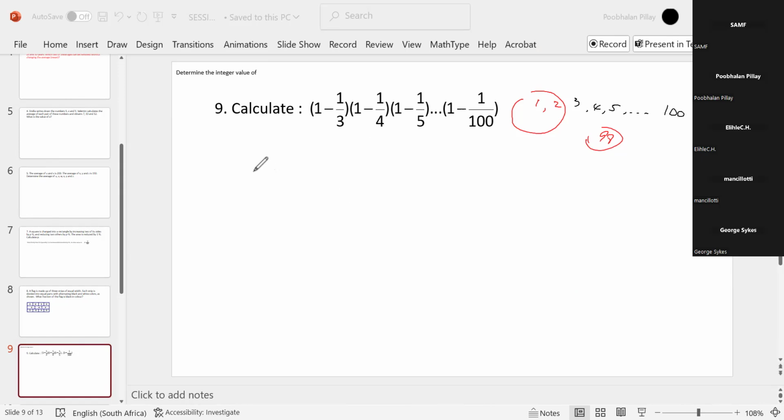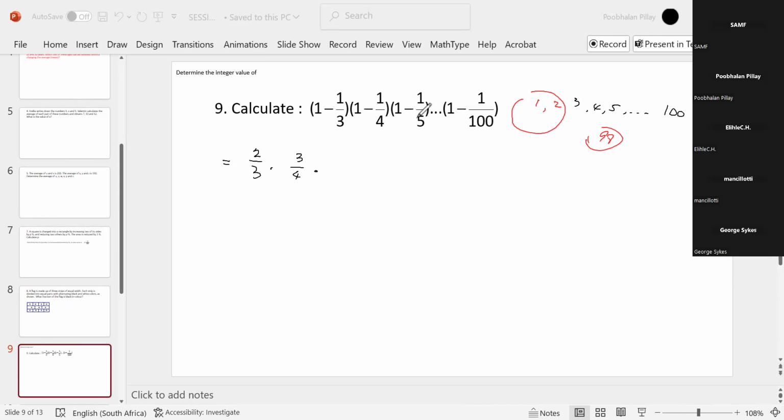Okay, now let's see how to do this. Well, we can actually calculate 1 minus 1/3. So why don't we do that? This is 2/3. 1 minus 1/3 is 2/3. 1 minus a quarter, when you're taking a quarter away from 1, you're left with 3/4. So the next bracket is 3/4.